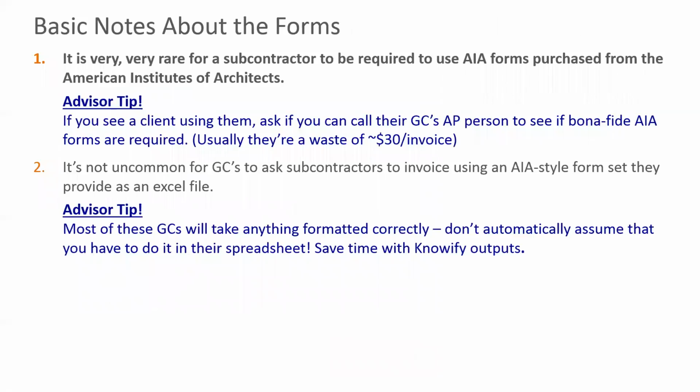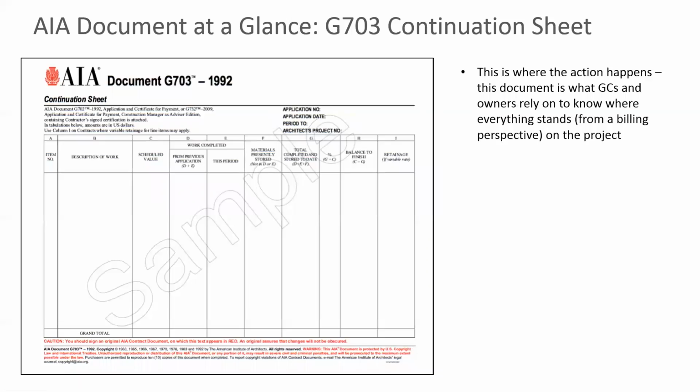A couple of quick notes though. One, it is very, very rare for a subcontractor to be required to use actual AIA documents purchased from the American Institute of Architects. So you saw up here, we had this lovely fancy logo. That's all trademarked, but it is not possible to copyright a table format.